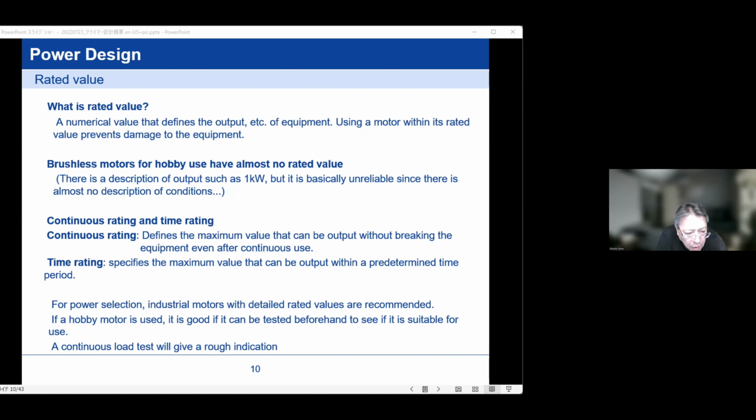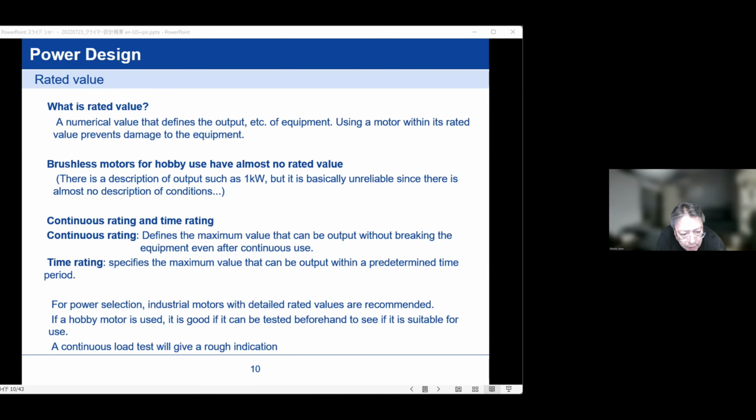Regarding ratings, there is the concept of continuous rating and time rating. Continuous rating means that even if you continue to use it continuously, the motor will basically not break. The continuous rating determines the maximum value that can be output.